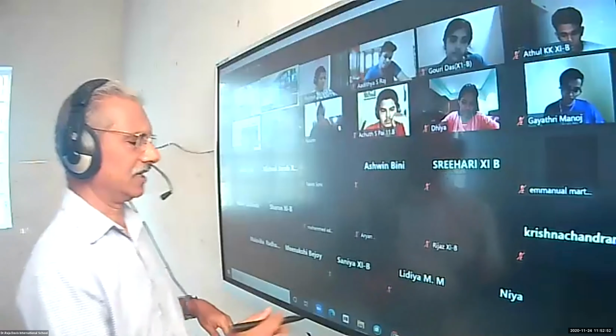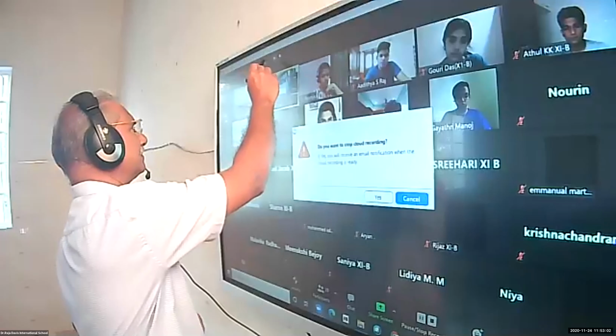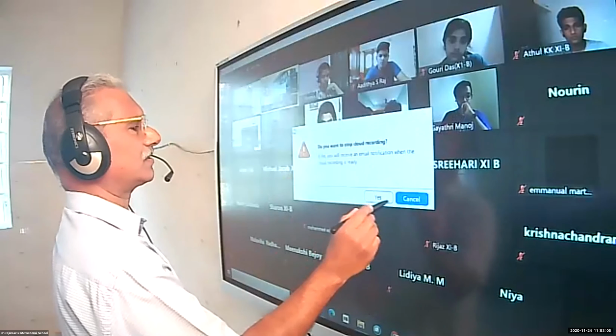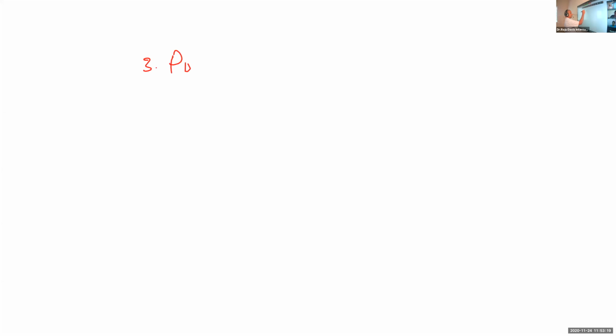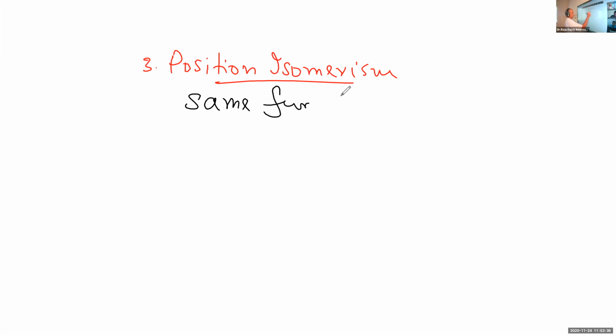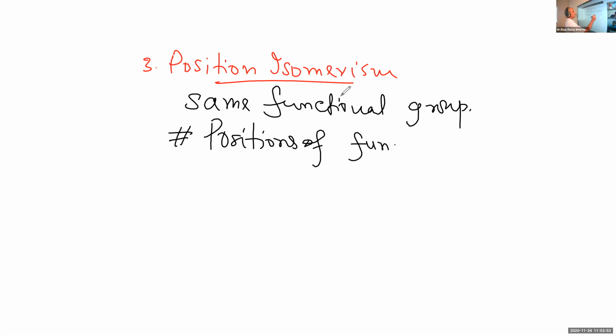Now let us go to the third type, that is position isomerism. In position isomerism, the isomers have the same functional group, but the positions of the functional group will be different.